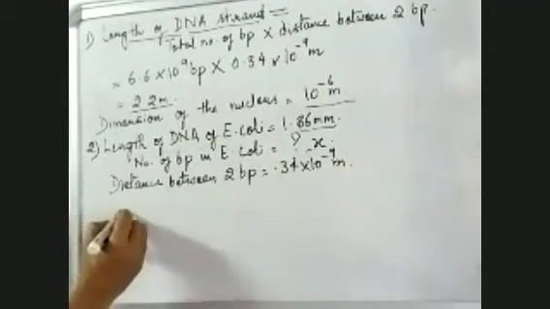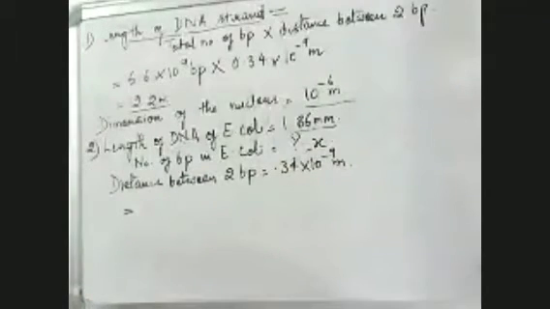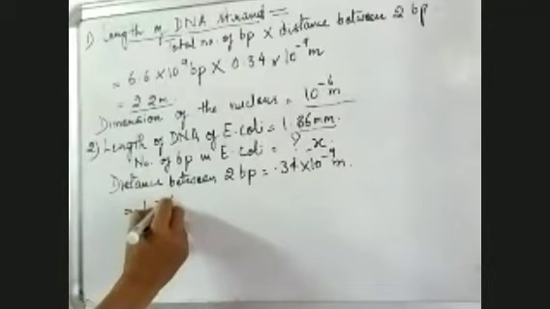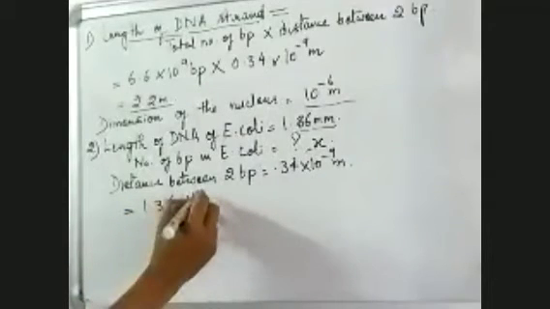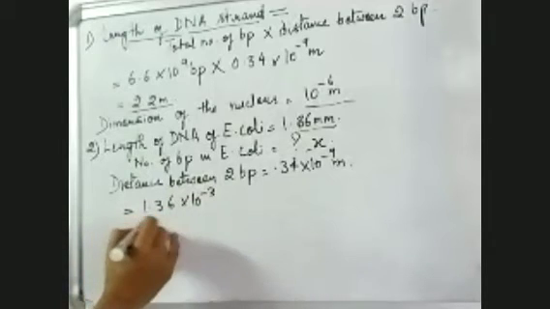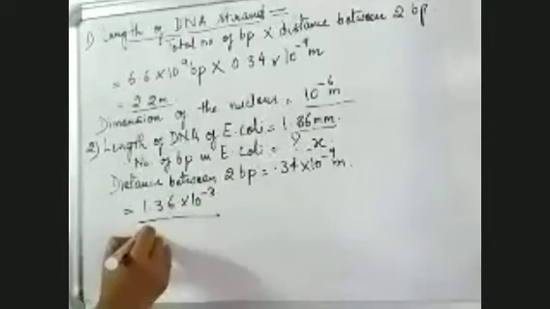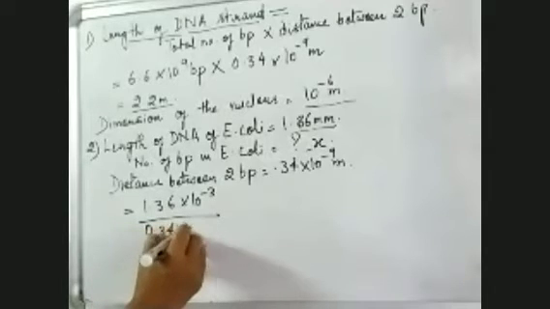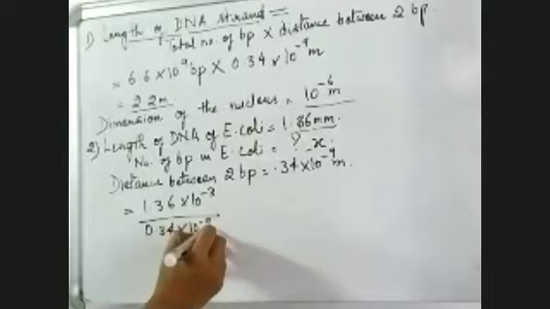So finally, what will be the number of base pairs in it? 1.36 into 10 raised to power minus 3 over 0.34 into 10 raised to power minus 9 meters.